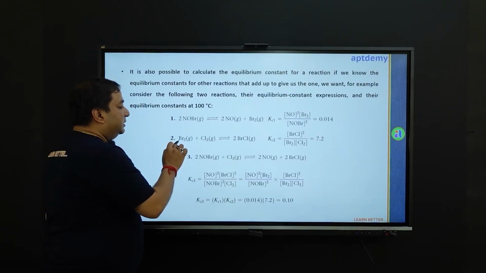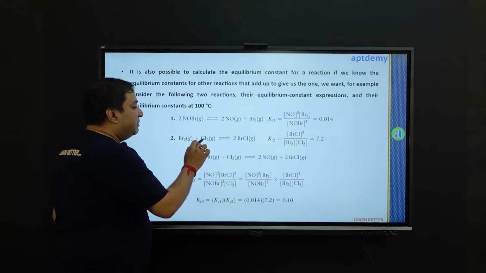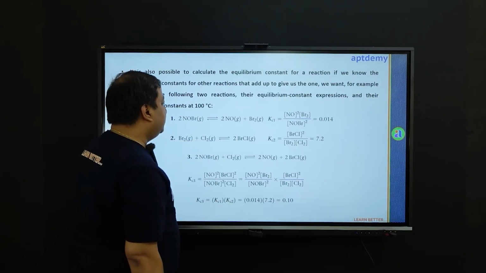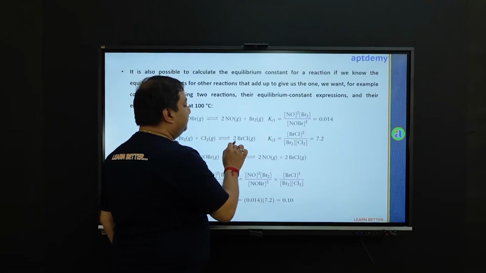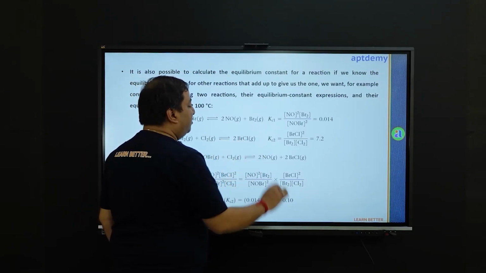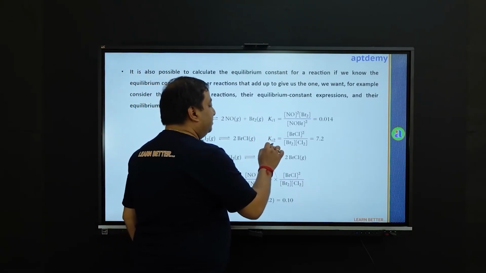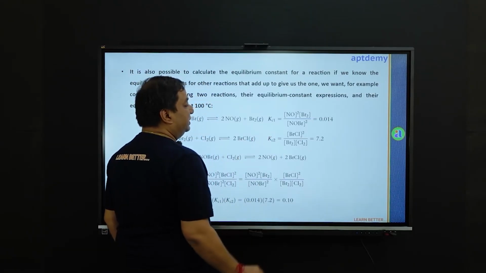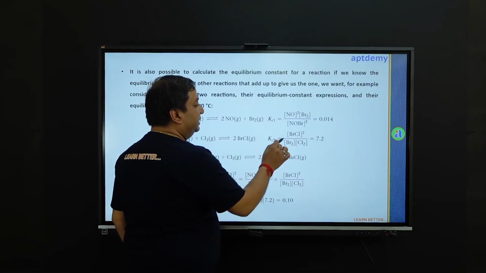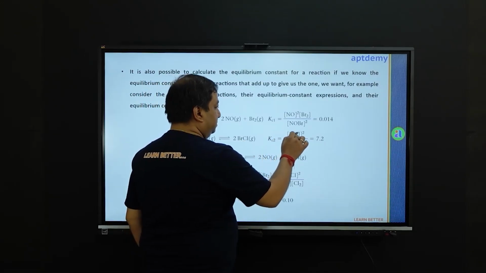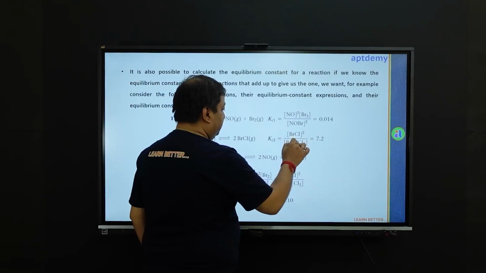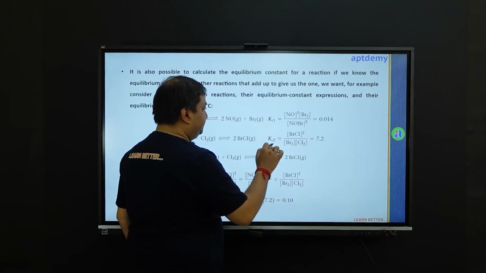Okay, now we have another reaction, say it is 2. For that, Br2 gas is combining with Cl2 gas, forming an interhalogen, that is 2 moles of BrCl, and then again the equilibrium constant expression for this reaction will be product concentration above reactant concentration.